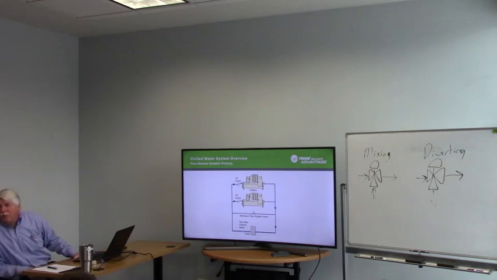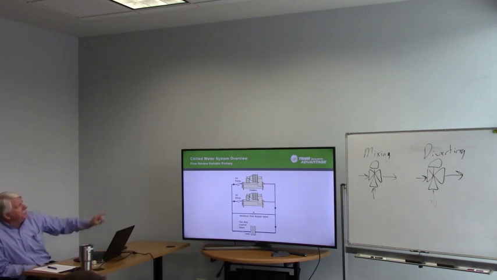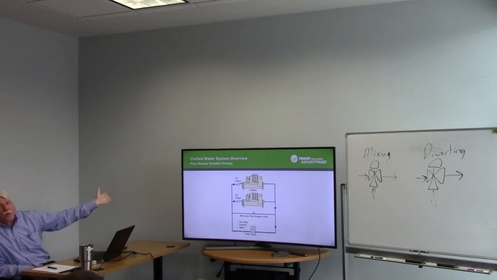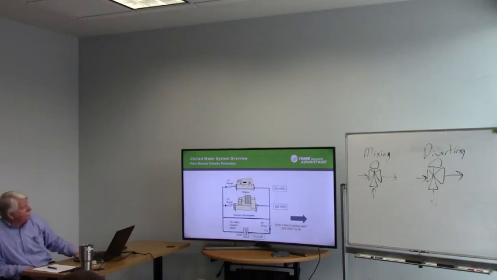So this is what's called a variable primary system. In a variable primary system, the pump handles the water throughout the whole system. All right? Let's back up and let me give you something here.